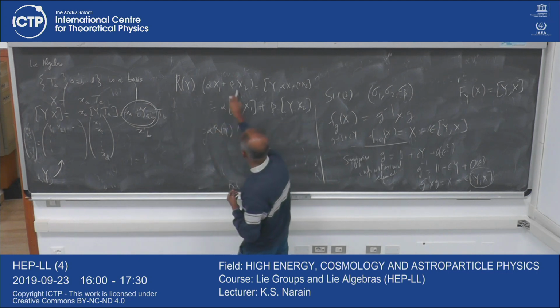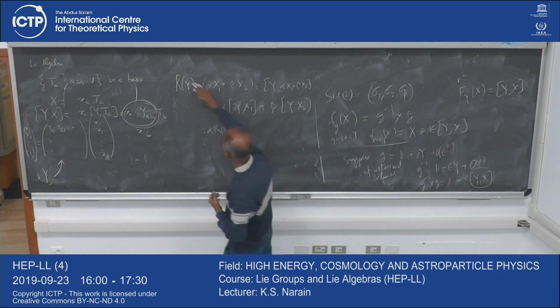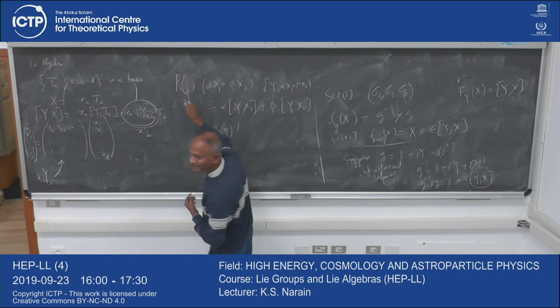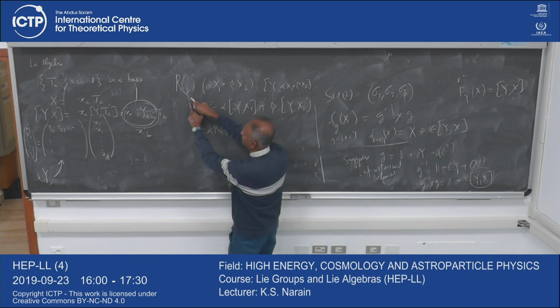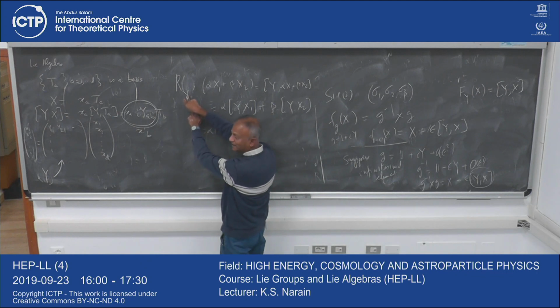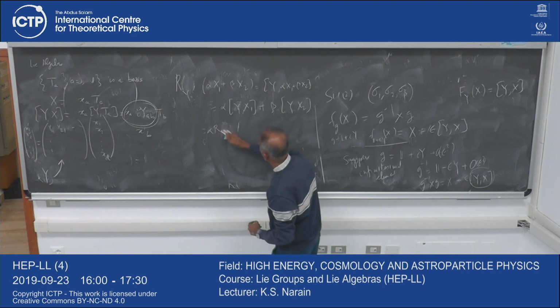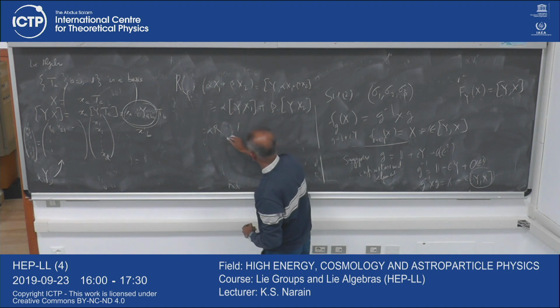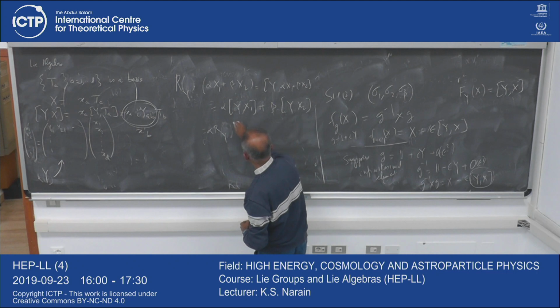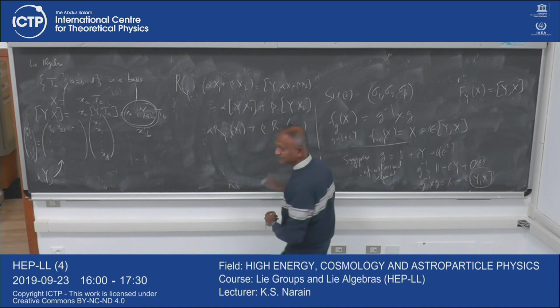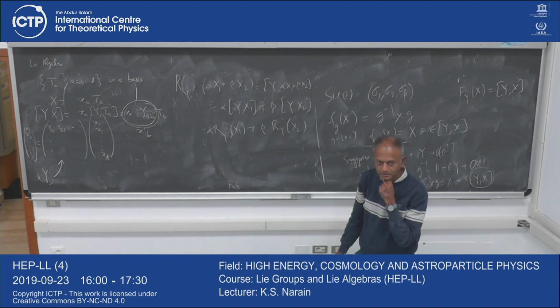Sure, because there are two brackets here. Maybe I should put this as a subscript. R_y is a particular matrix corresponding to y, and that's acting on this. Otherwise, there are two brackets here, so it's confusing. So R_y acting on x1 plus beta R_y acting on x2. That was the linearity we mentioned, right?